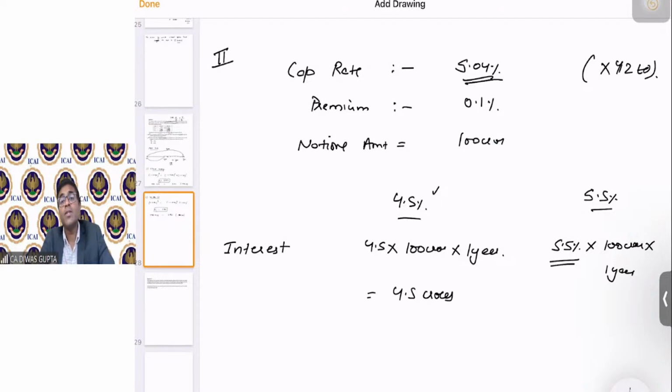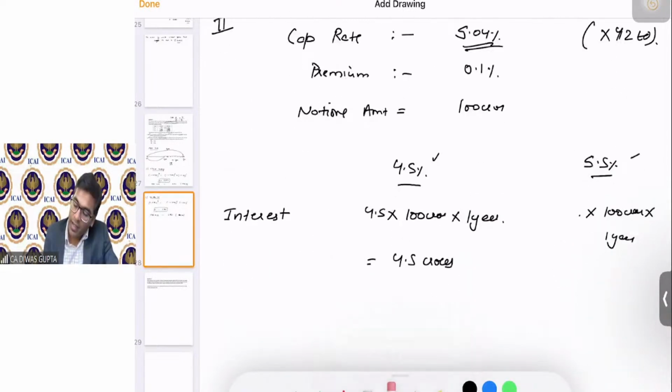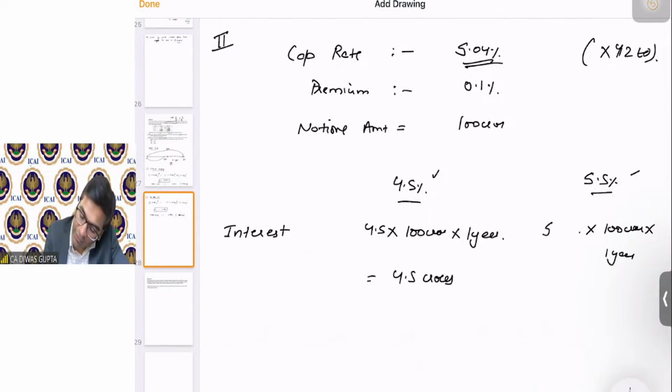Because now I can just go and borrow in the open market at 4.5 percentage. So I will end up paying 4.5 percentage plus premium of 0.1% on this. But in case the interest rate is moving up to 5.5 percentage, then students, I will actually not pay 5.5. Correct? Because I already have a right to borrow at 5.04 percentage.